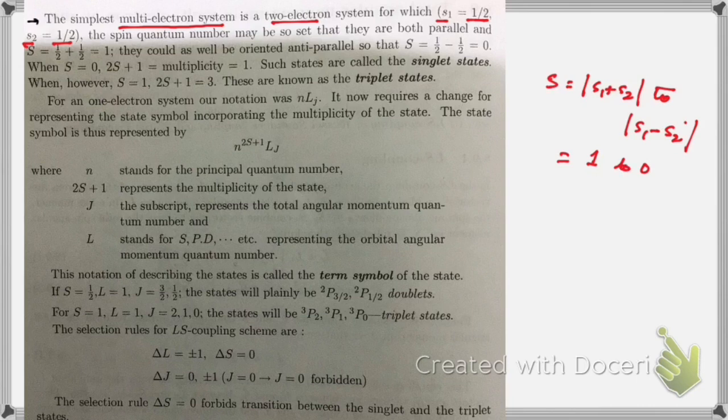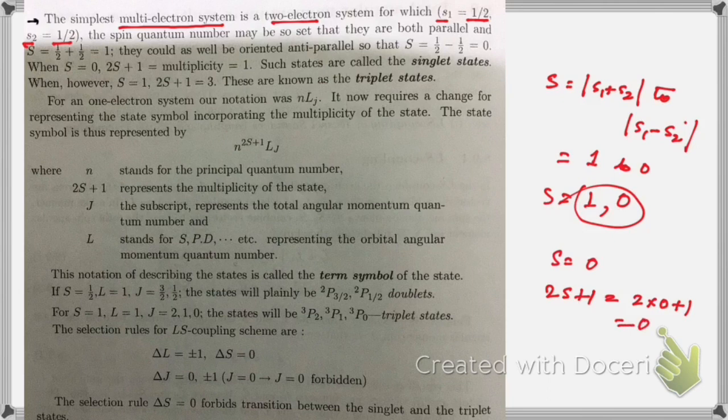So here we get only 1 and 0 as values of S. For S is equal to 0, 2S plus 1 is 2 into 0 plus 1, that's 1, which represents singlet states. And for S is equal to 1, 2S plus 1 is 2 into 1 plus 1, that's 3, which is triplet states, right? So hope you have understood.